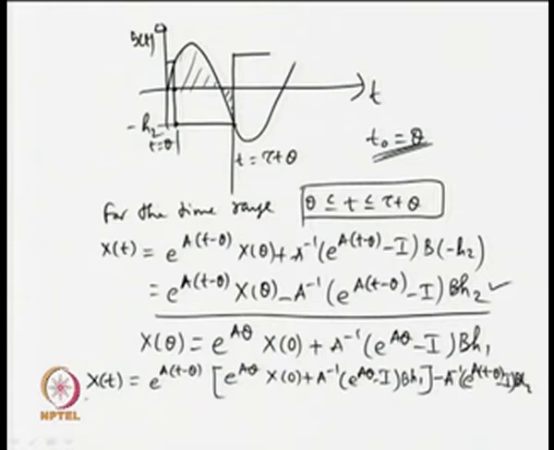So, this is the expression for x(t) for the time spanning from time t equal to theta to time t equal to tau plus theta. Let me repeat and rewrite this expression after simplification.